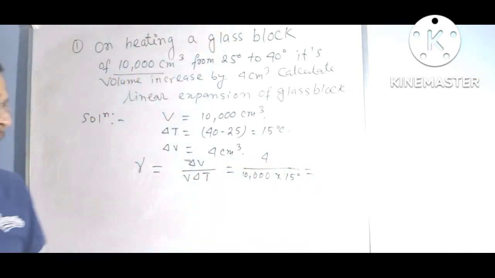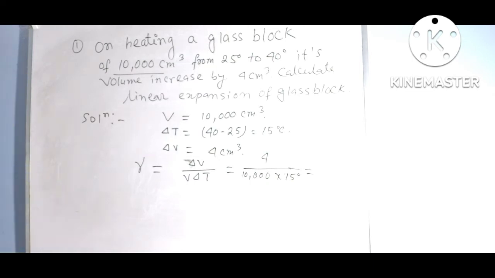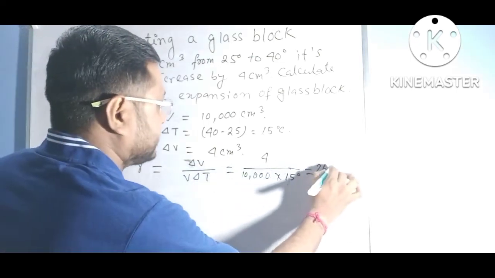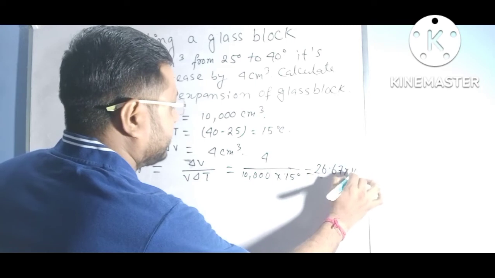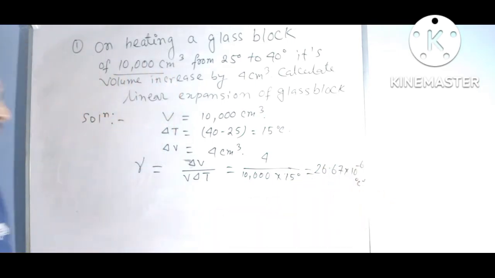Please take your calculator and calculate it yourself. We get 26.67 into 10 to the power minus 6 per degree centigrade.